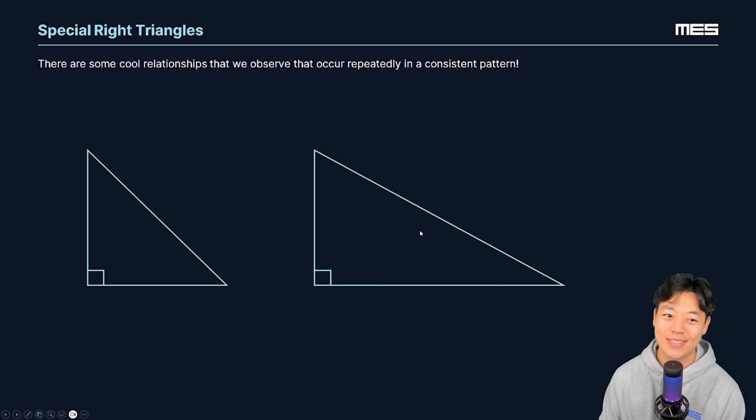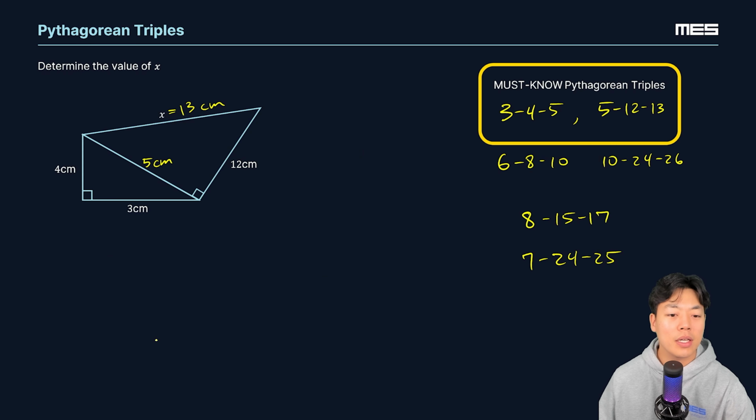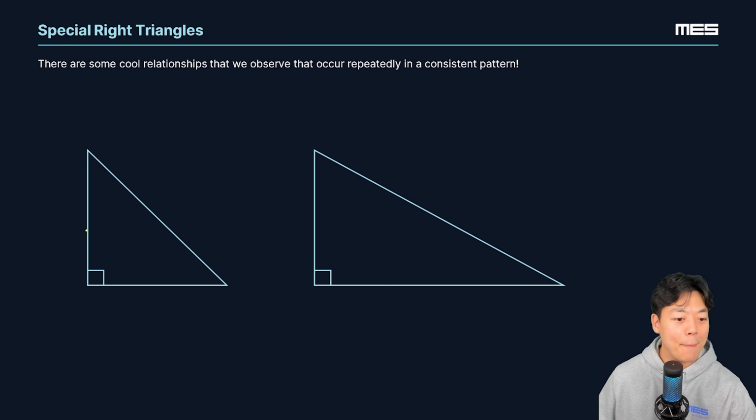Fun stuff. So there are some cool relationships other than the Pythagorean triples that occur repeatedly in a constant pattern. We recognized here that when we had congruent sides, we can multiply this 8 by radical 2 to get to the hypotenuse. Now, does this always work? And it just so happens it does.